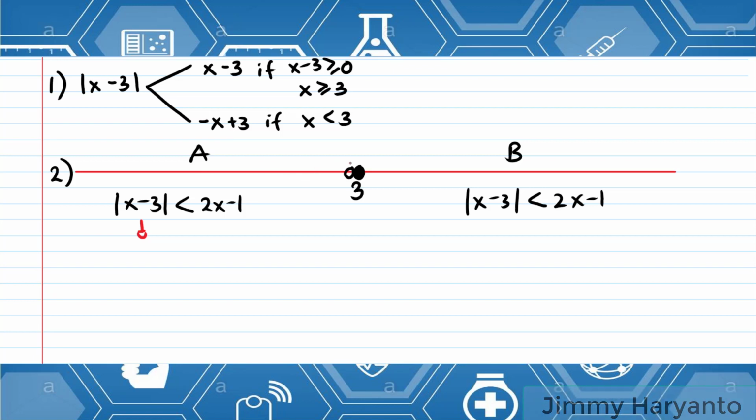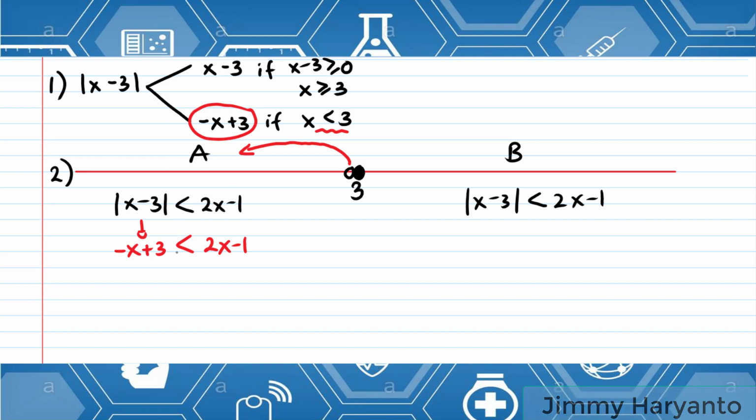For this one, room A is at the left side of 3, so we have to choose x less than 3. I will write negative x plus 3 less than 2x minus 1. We don't have to convert the right side because it doesn't have an absolute sign.